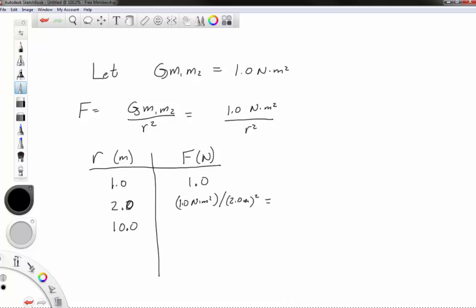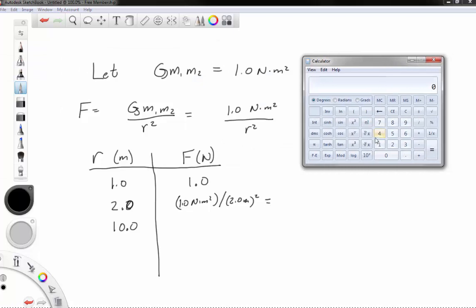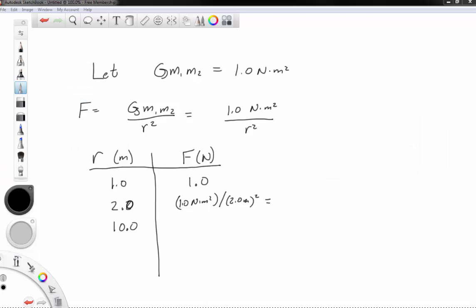So here's how you do that on the calculator. On my calculator, you put in a 1, you say divided by 2, and then you square the 2. And we get 0.25. So this is going to be 0.25 newtons. And in fact, I have the unit up here, so I don't really need to write it in here if we don't want to.